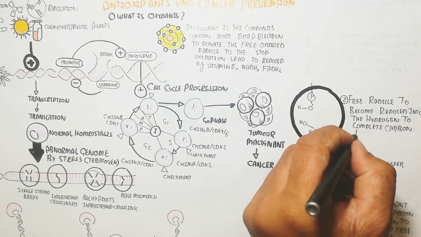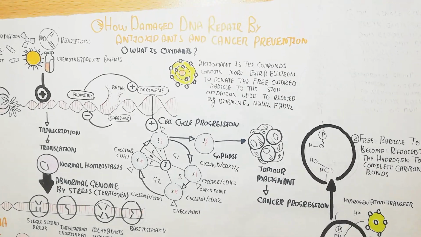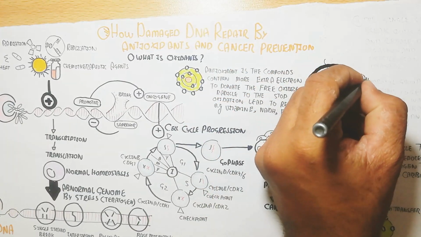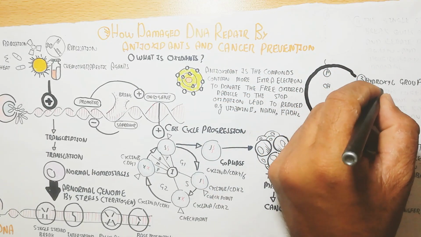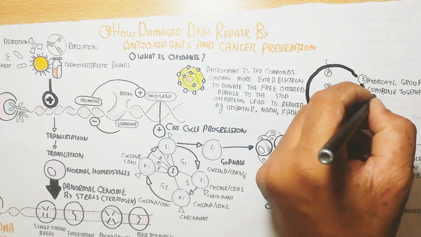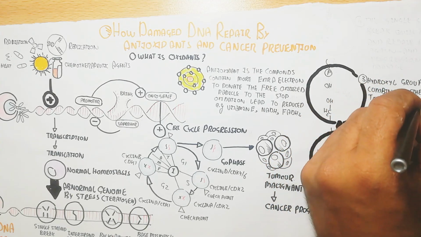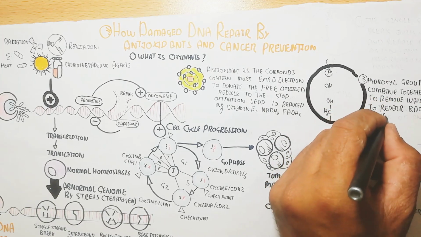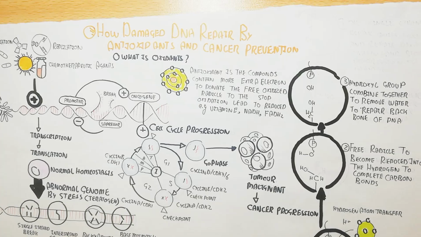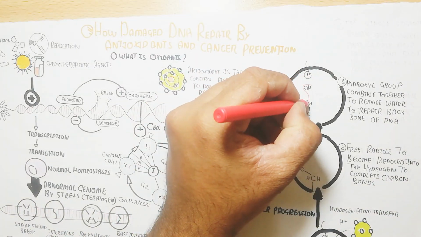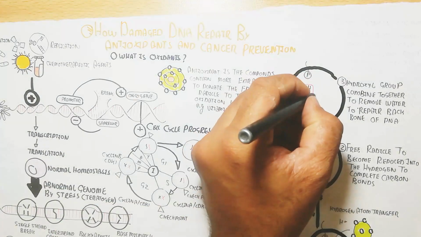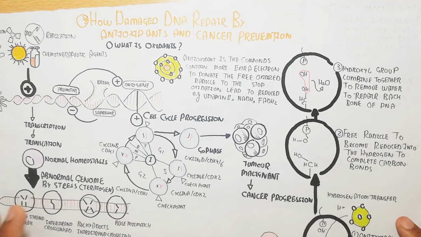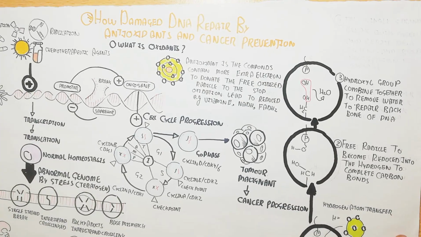The carbon has four bonds, because the proton donated by the antioxidant contains one electron and the carbon contains a free electron to complete the shell and make a covalent bond. The number three step is that the hydroxyl groups combine together to remove water and repair the backbone of DNA, so the backbone of DNA is formed again through the antioxidant. That is the property of the antioxidant.